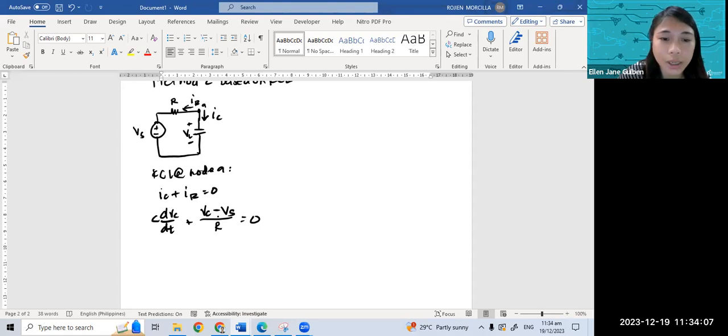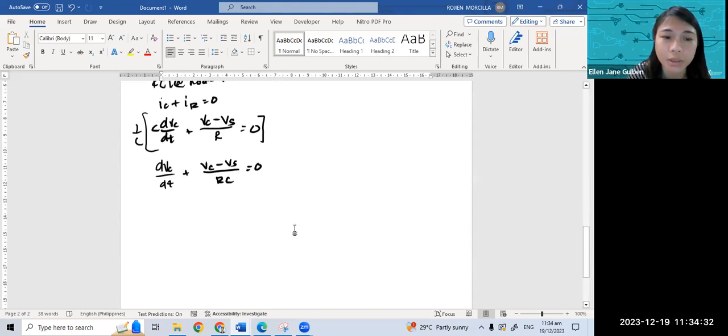So this one is actually just the same equation that we got earlier. So we divide it by C. We have dVC/dt plus VC minus Vs over RC equal to 0. We will be doing variable separable.